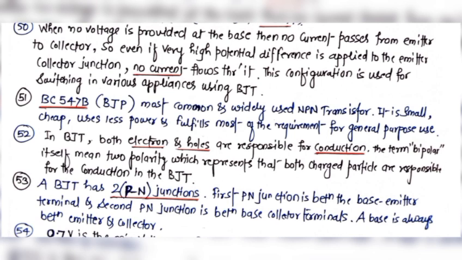When no voltage is provided at the base, then no current passes from emitter to collector. So, even if a very high potential difference is applied to the emitter-collector junction, no current flows through it. This configuration is used for switching in various appliances using BJT.